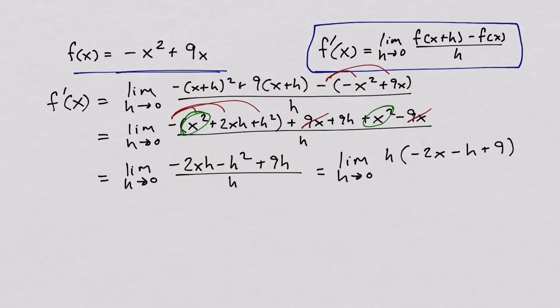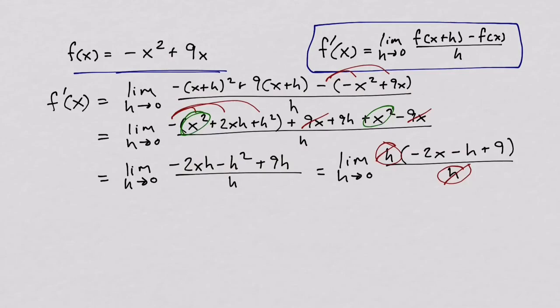Because the negative h squared, I take away one of the h's, and one is left behind. All of that is over h. And now, because h is clearly a factor of the numerator and a factor of the denominator, the only thing in the denominator, I can cancel out those h's.